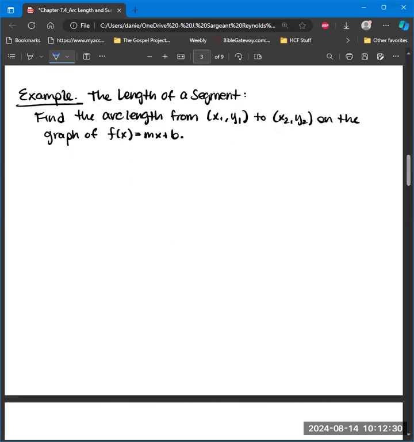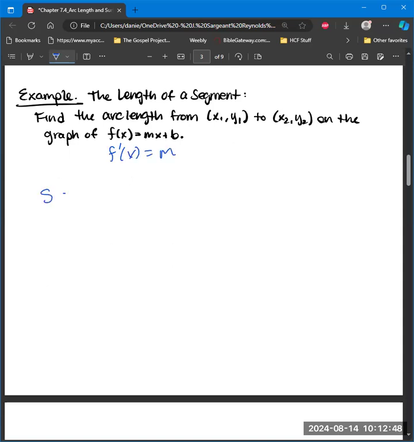The length of a segment, so let's find the arc length from x1, y1 to x2, y2 on the graph of y equals mx plus b. So those are the given points. We know that f prime of x is going to be equal to m here.